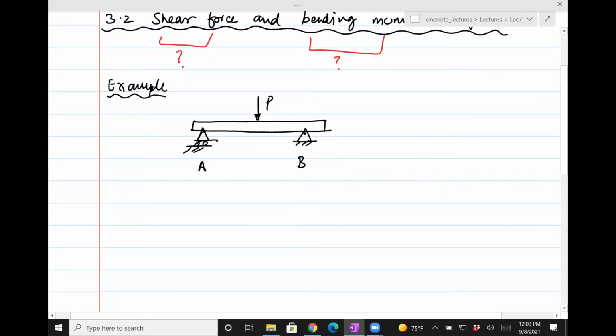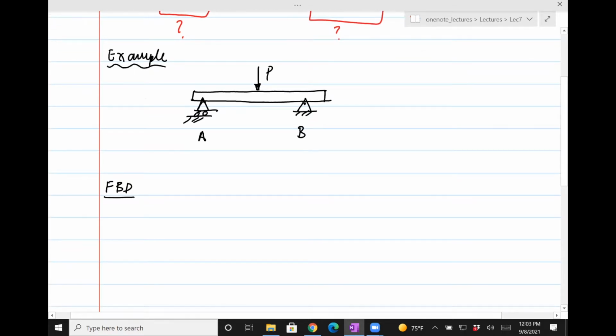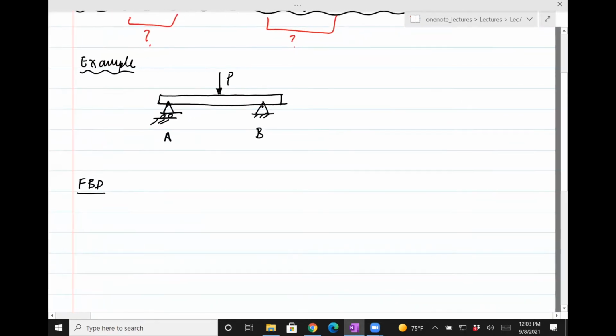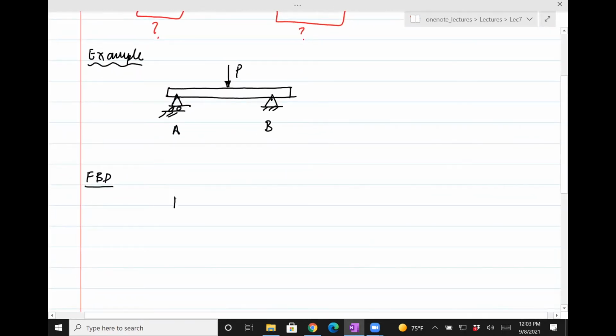Okay, and so for a problem like this, we can draw a free body diagram like this. At A, we have a roller joint, so that roller will induce a vertical force only.